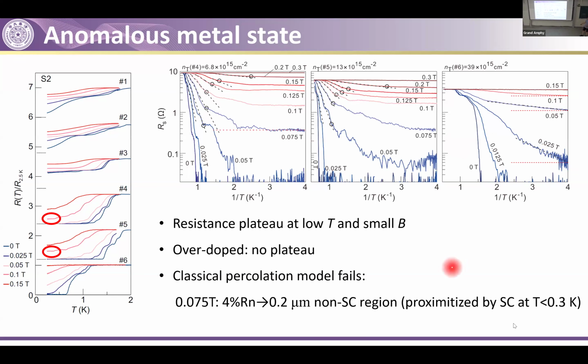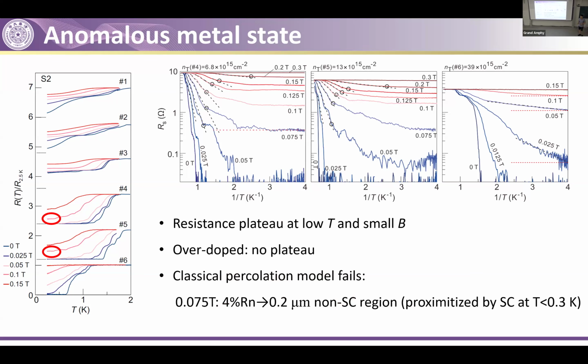And another thing, yesterday we also discussed and debated that, if we take this value, for example, which is 4% of the normal state resistance, and if we assume this corresponds to the whole normal state region in between our electrons, then it corresponds to roughly this much, so 200 nanometers of non-superconducting region.